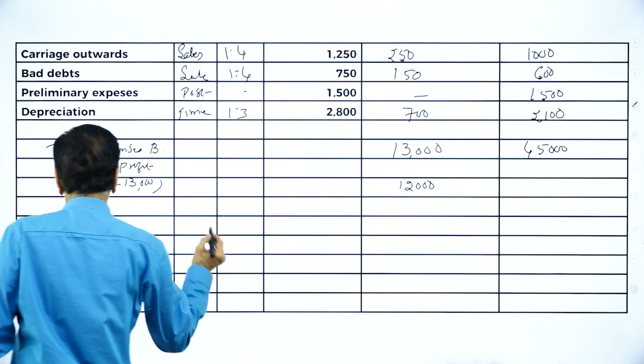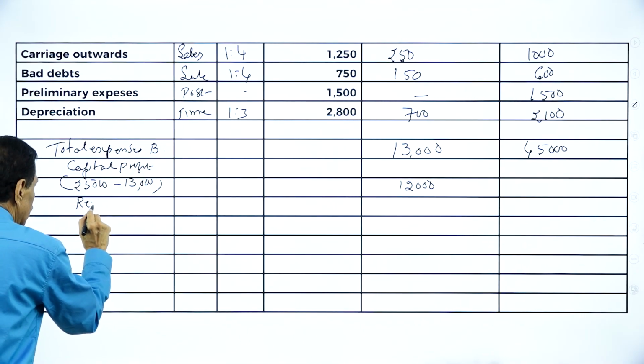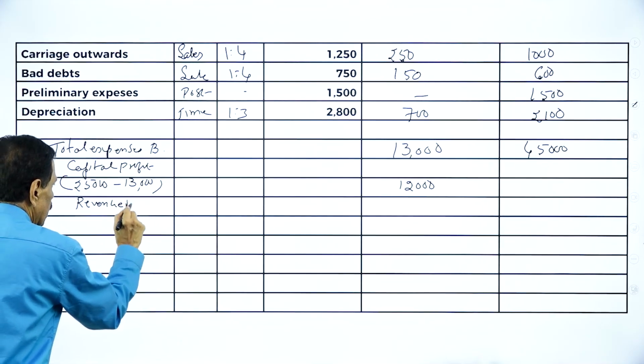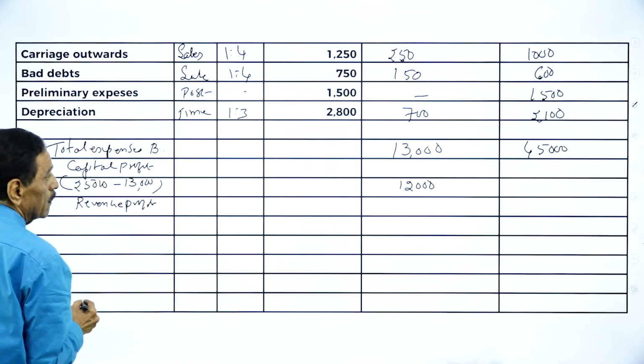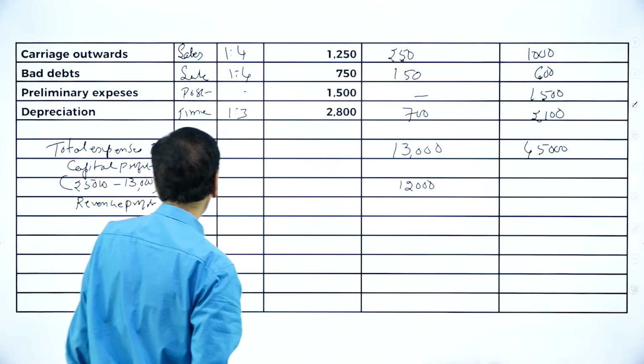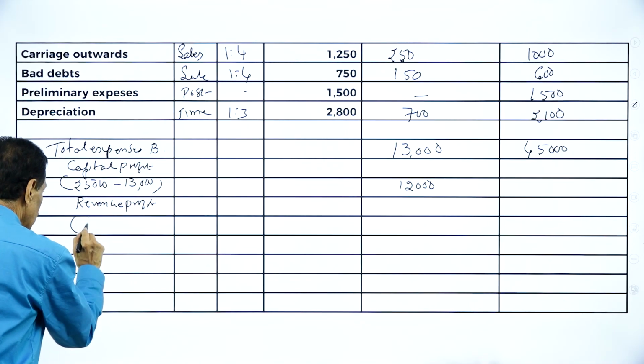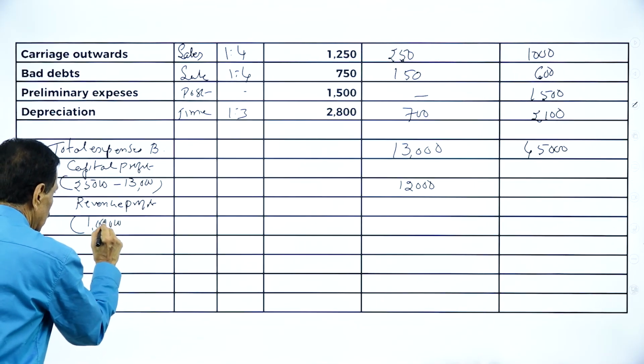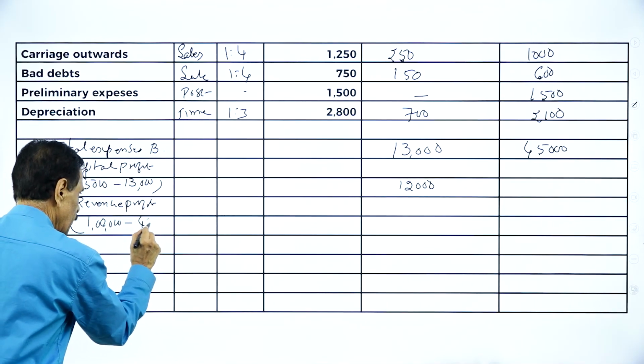Then revenue profit here is 1 lakh minus 45,000.